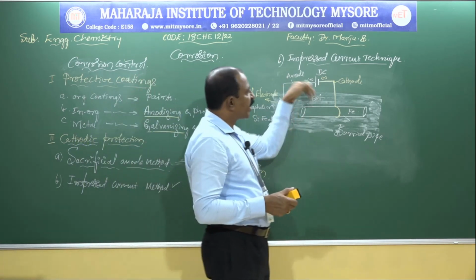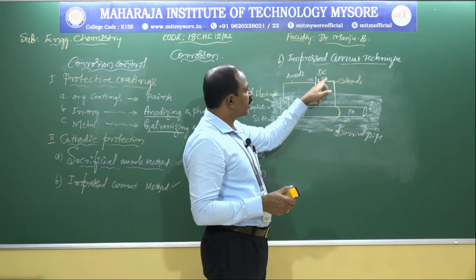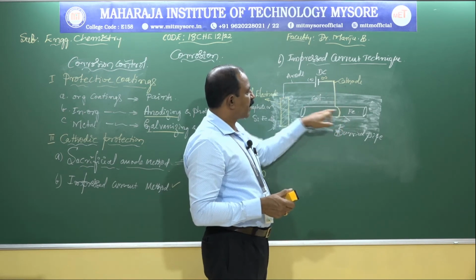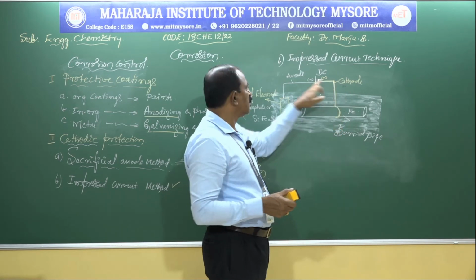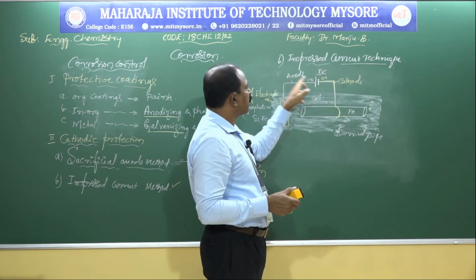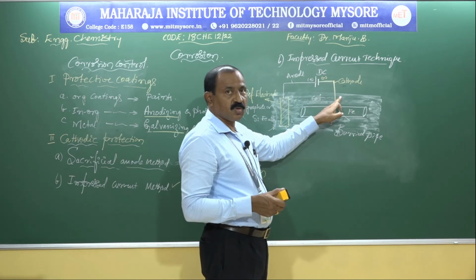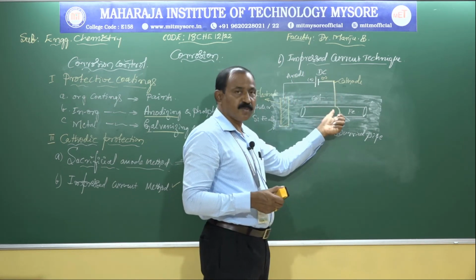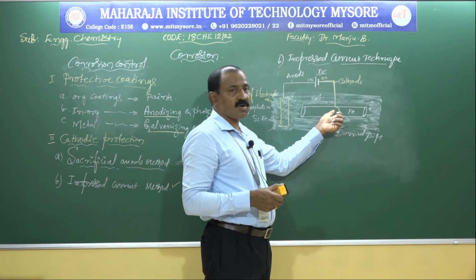When you connect it to the negative terminal of DC, the iron pipeline acts as cathode, and with the electric current applied by using a reference electrode, electrons transfer from anode to cathode. Now, with electrons transferring from anode to cathode, the iron is free from corrosion and does not undergo oxidation.